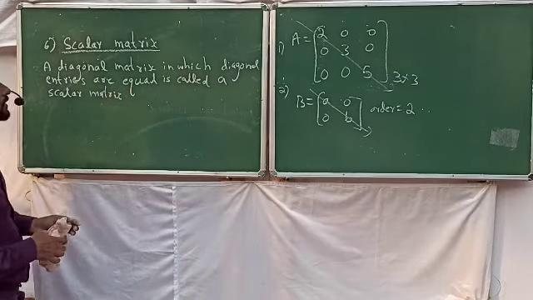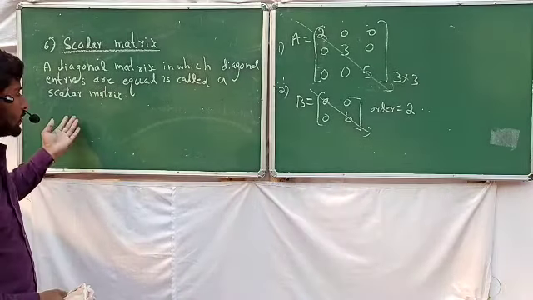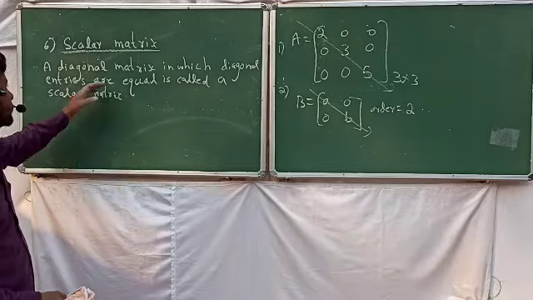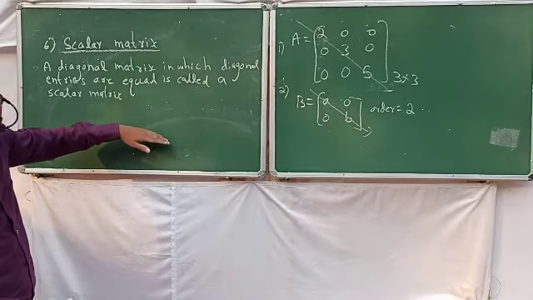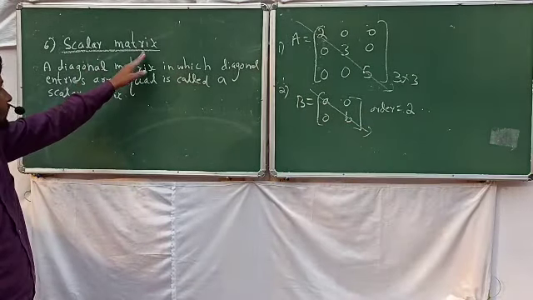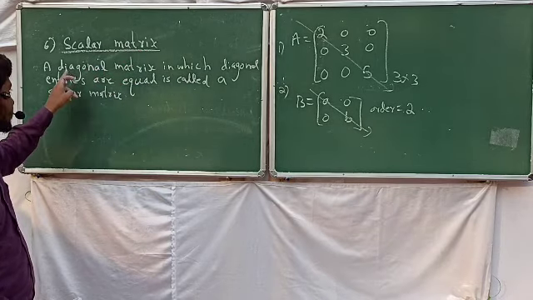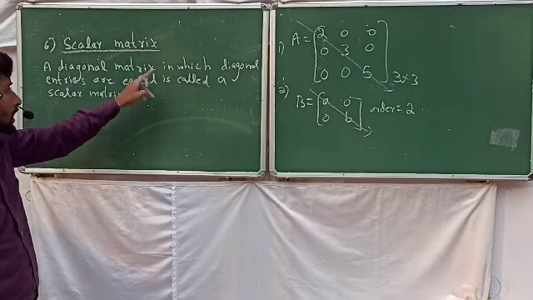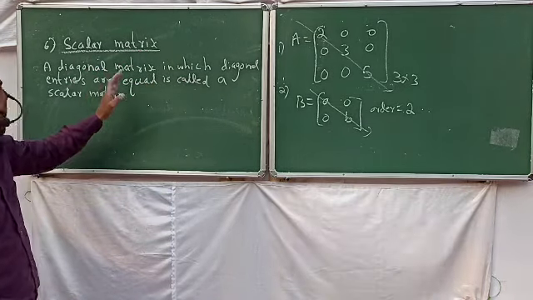We just studied the definition of a diagonal matrix. Diagonal matrix means non-diagonal entries are equal to 0. Then see the definition of a scalar matrix. It's a diagonal matrix in which diagonal entries are equal.